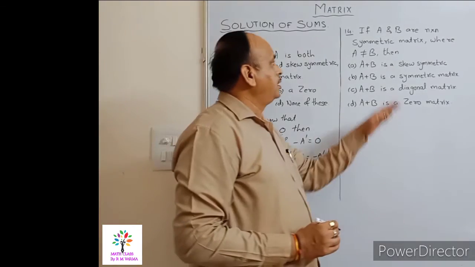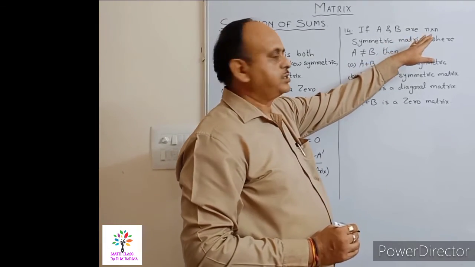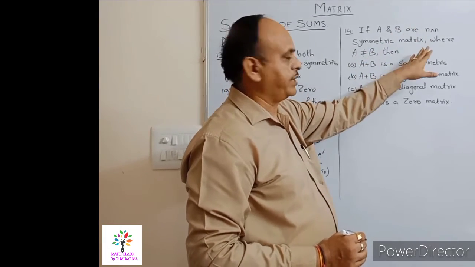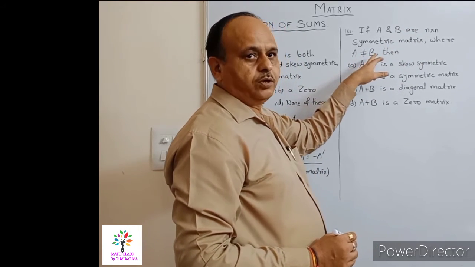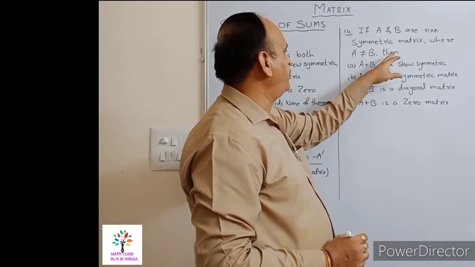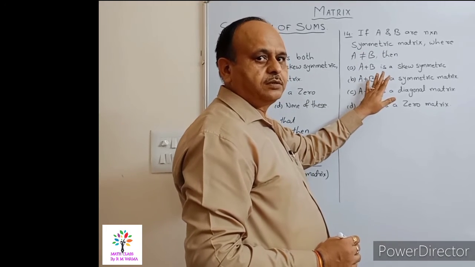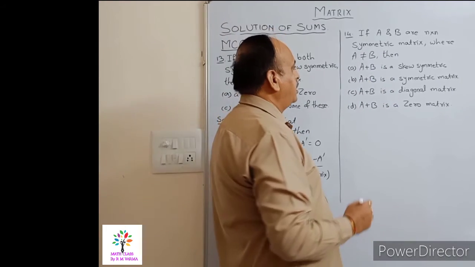Now here, if A and B are n cross n symmetric matrices, both are symmetric matrices, where A is not equal to B, then which option is the correct one? Let us see.